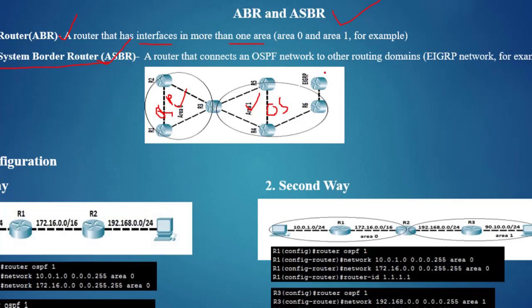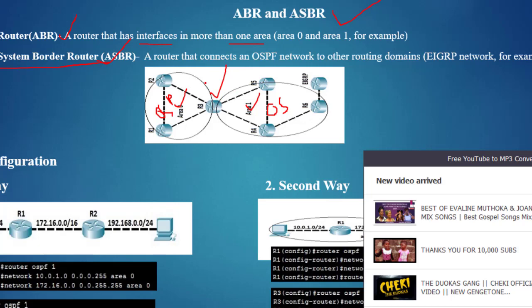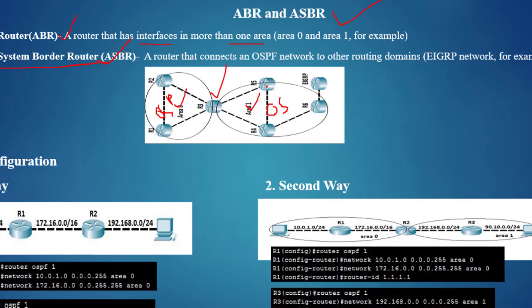So for the case of area border router, router 3 matches the description because it has its interfaces connected to more than one area. Router 3 here connects area 0 and area 1. Okay, router 3 is our ABR.